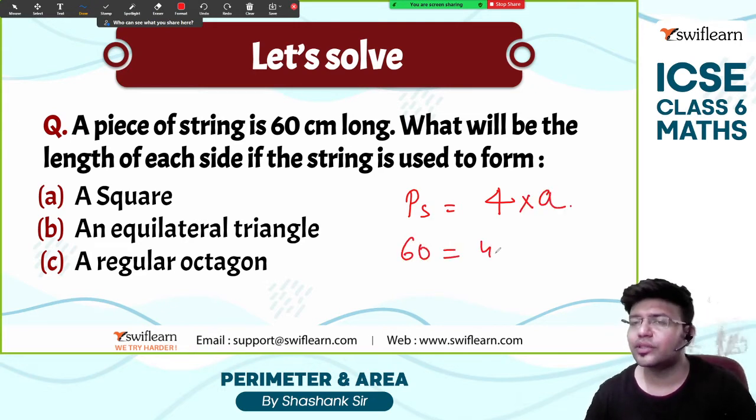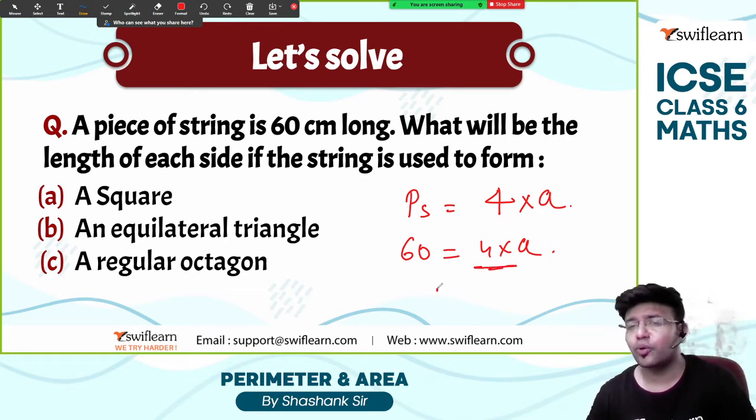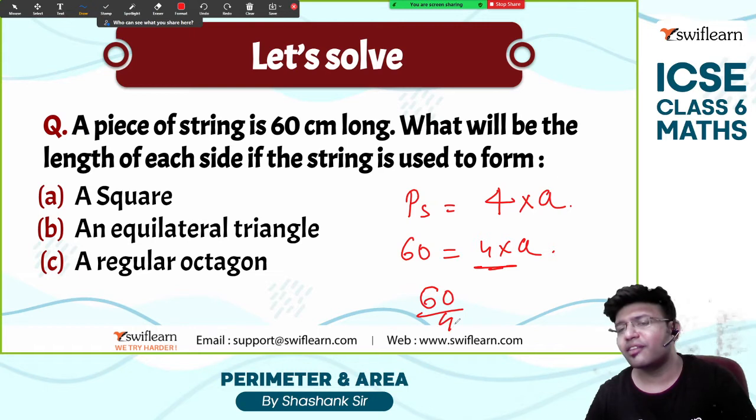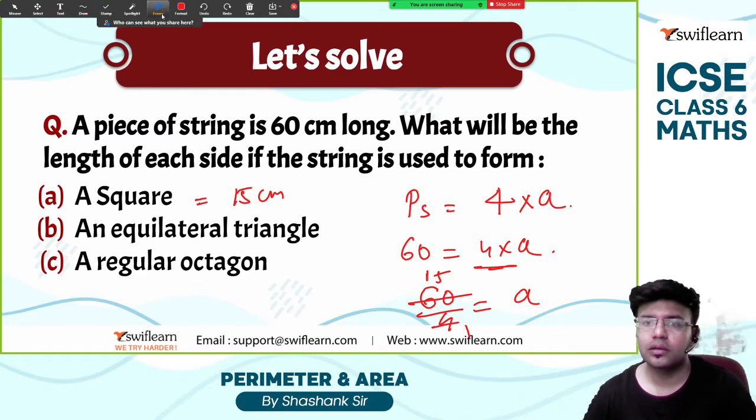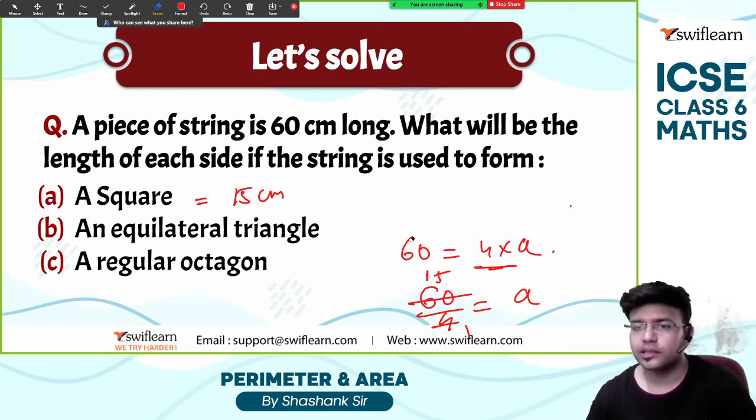Perimeter is 60, which is 4 times A. Now 60 by 4, 4 ones are 4, 4 5s are 20. So each side of the square will be 15 centimeter. Got this? Yes.